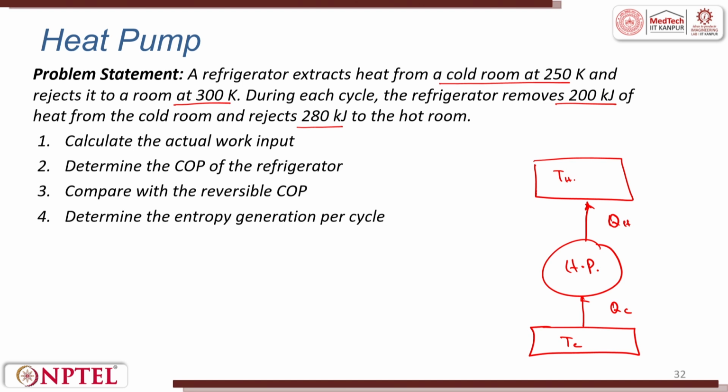So the values given here are TH equal to 300 Kelvin, TC equal to 250 Kelvin, and this is a refrigerator.